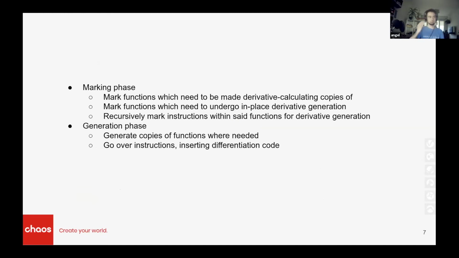First, it goes and marks all functions which need to undergo some sort of derivative generation. For example, functions which don't have any calls to the aforementioned df/dx and df/dy calls don't need to be considered, and functions which aren't called by such functions also don't need to be considered.